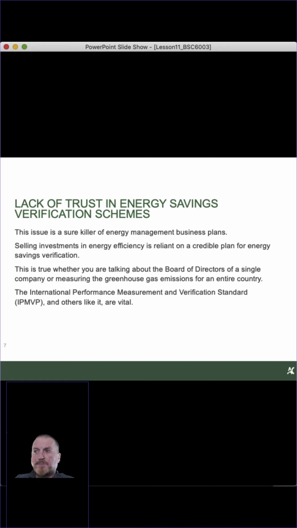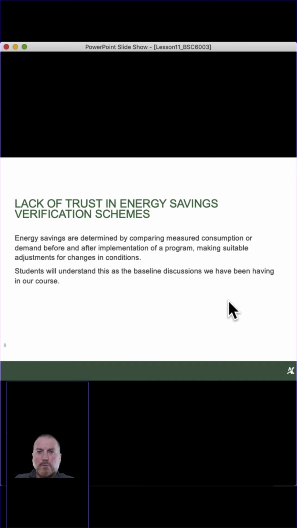The International Performance Measurement and Verification Protocol is out there, but there are others. The US has one, the Australians have one, and so on. But they have a lot of similarities, and the point is that having a credible scheme applied to your business case for verifying your returns on investment is going to be a critical issue moving forward as we deal with more of these questions in a climate change context.